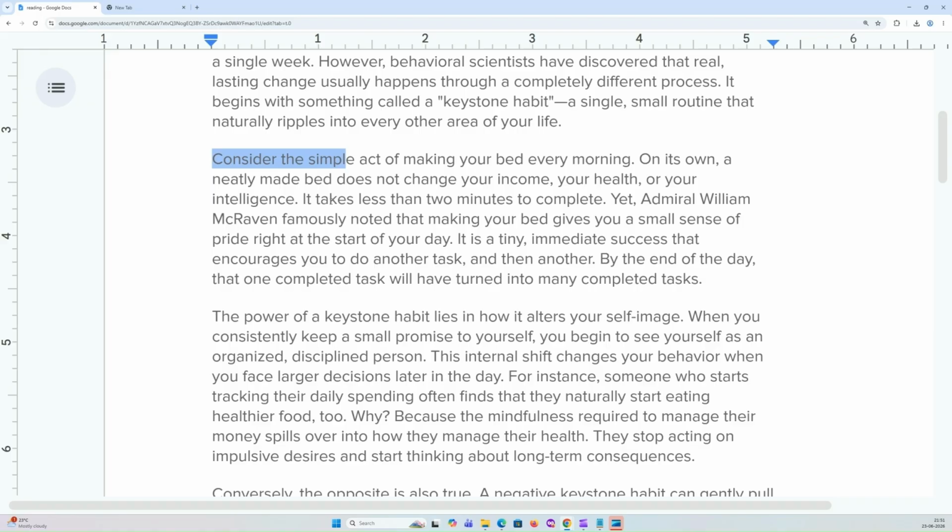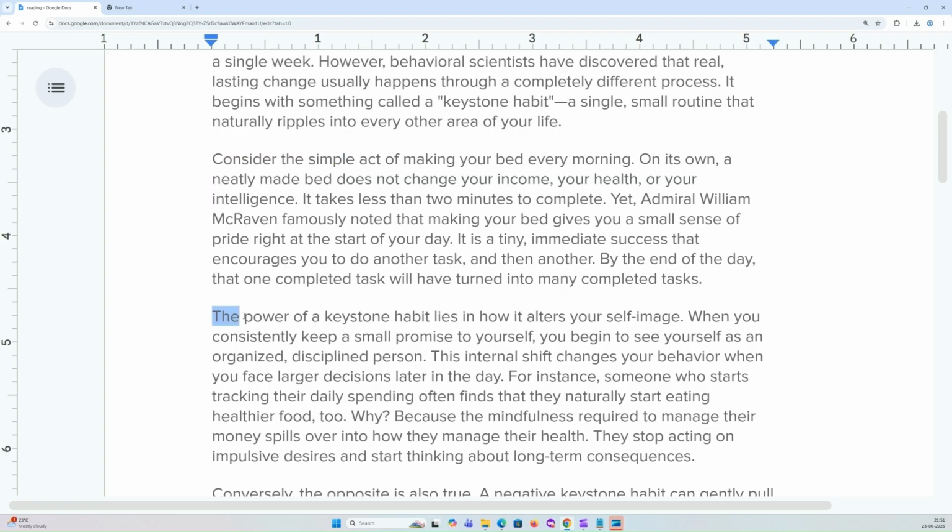Yet, Admiral William McRaven famously noted that making your bed gives you a small sense of pride right at the start of your day. It is a tiny, immediate success that encourages you to do another task and then another. By end of the day, that one completed task will have turned into many completed tasks.